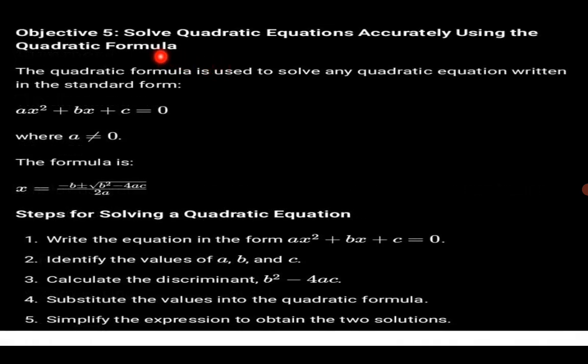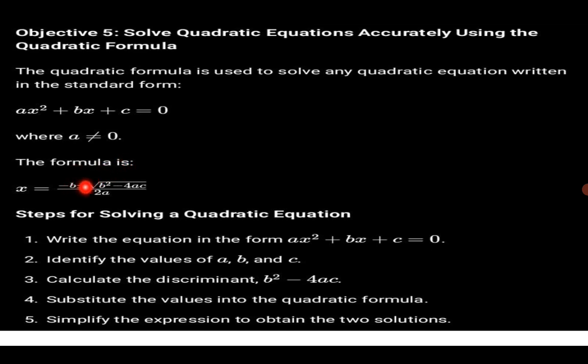Welcome to the last objective, which is now the actual deal. It is solving quadratic equations accurately using the quadratic formula. It is here where you are going to use the quadratic formula. The quadratic formula is used to solve any quadratic equation which is written in the standard form ax squared plus bx plus c equals 0, where a is not equal to 0.